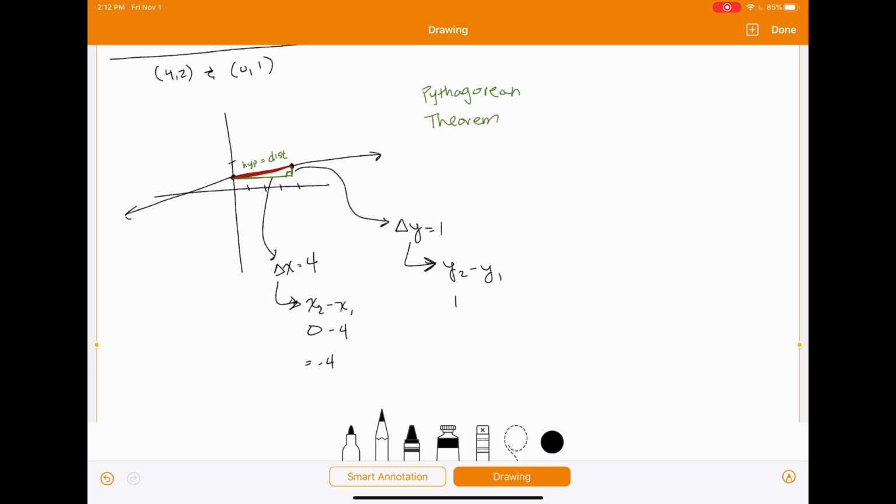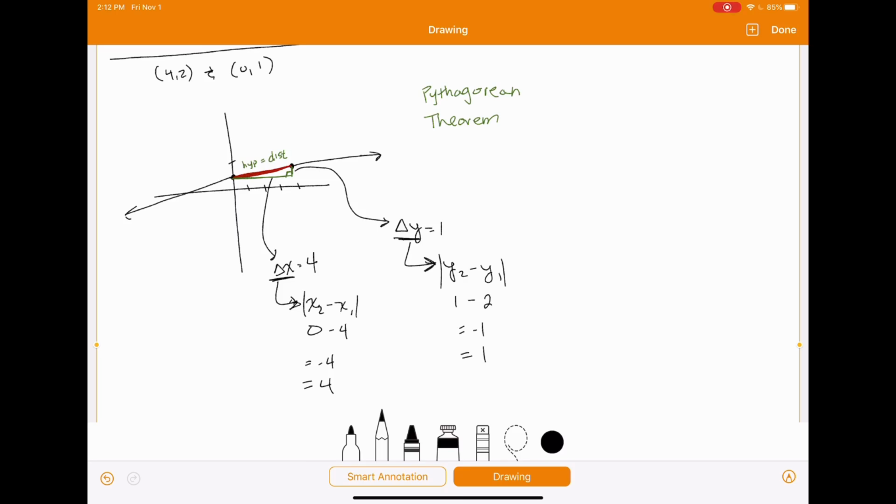Y2 is 1, y1 is 2, so we'd get a negative 1. Now, because we're talking about the change, we're talking about distances. Distances are positive, so we're going to take the absolute value of both of these. So this is really going to be 4. This is going to be 1.